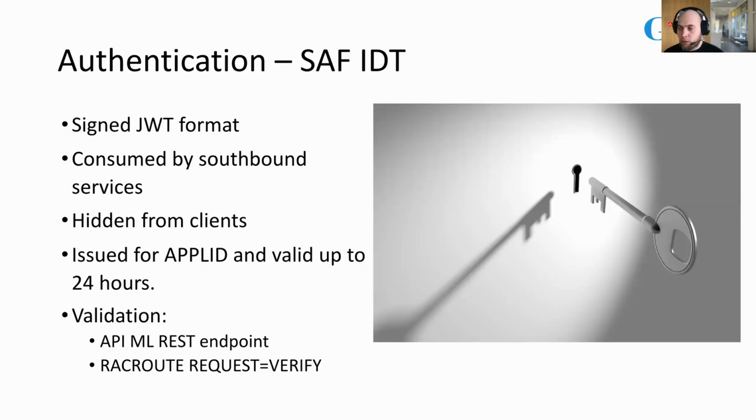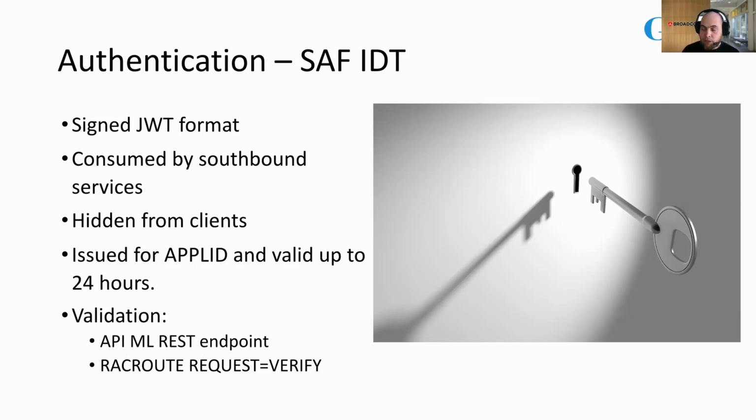Another token that we support from both sides is the SAF IDT. This is a type of token that was introduced by the ESMs in the last years, I think. It's a signed JWT format that can be consumed effectively and, hopefully, at some point by most of the mainframe services.